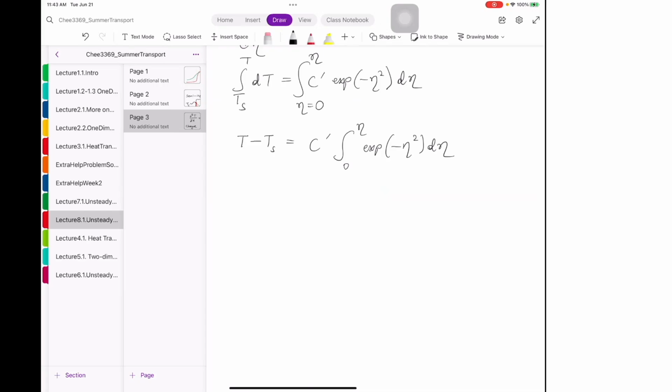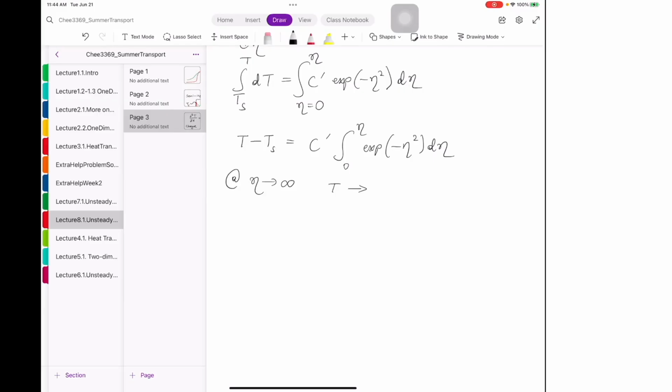Okay, so we're almost done. We're getting close. Now, another boundary condition we're going to use is at eta goes to infinity. We know that T goes to T0. I regret that I didn't use theta instead of T, but that should be okay.